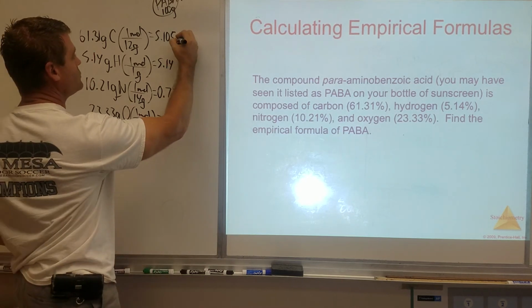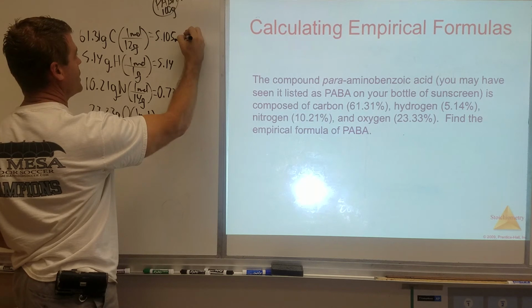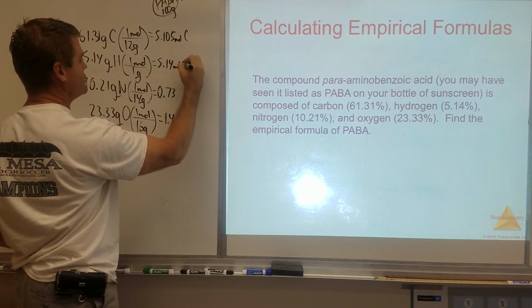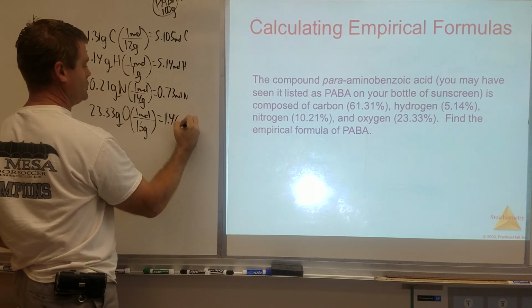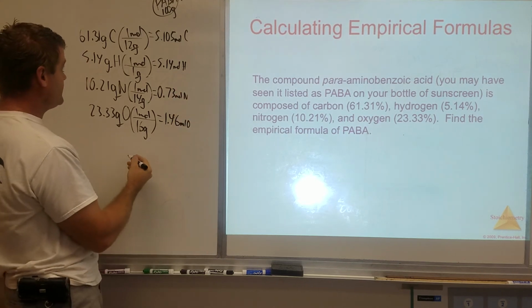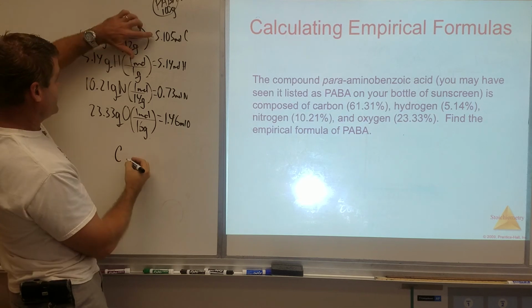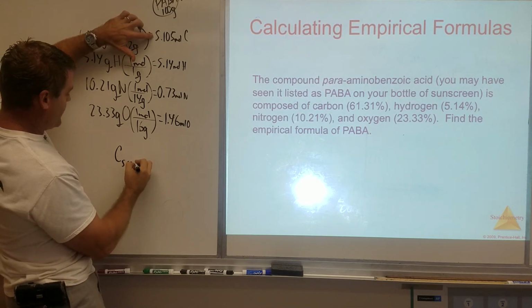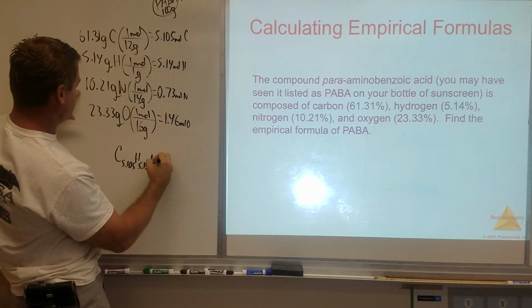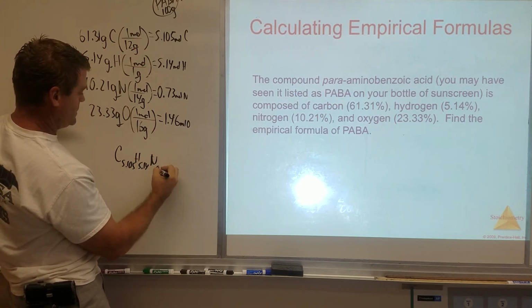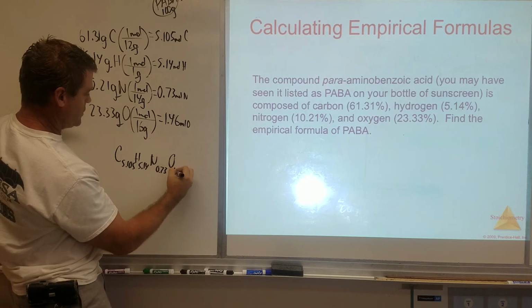Okay, and that would be moles of carbon, moles of hydrogen, moles of nitrogen, and moles of oxygen. So somebody might say, oh, so Mr. Wilson, is it carbon 5.105, hydrogen 5.14, nitrogen 0.73, and oxygen 1.46?